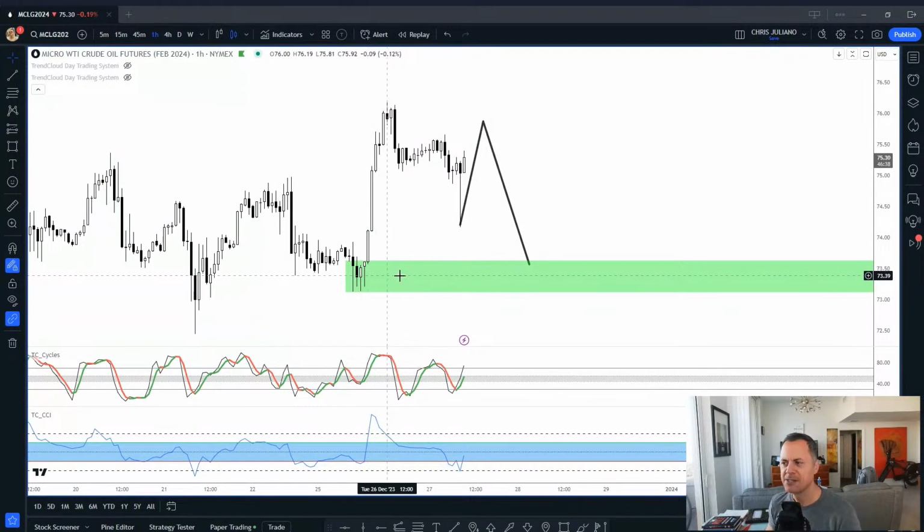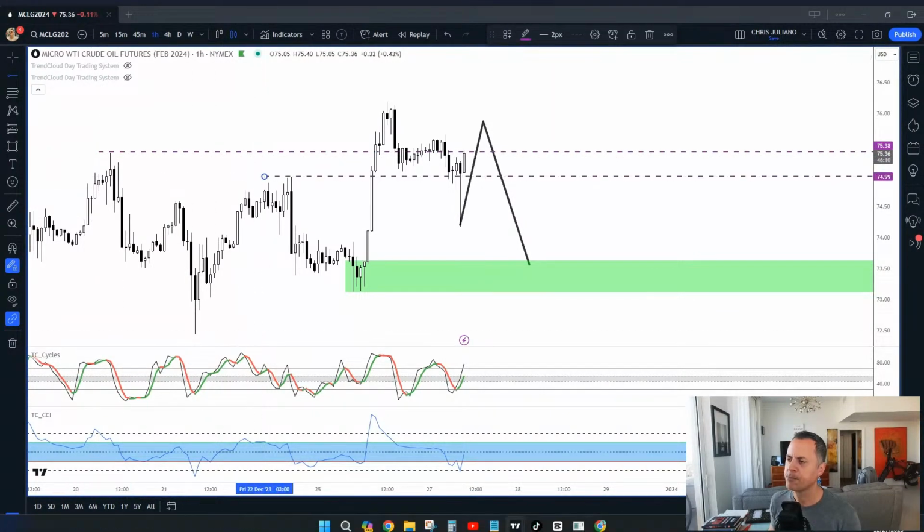This is an imbalance point between buyers and sellers. That's what a demand zone is. So right in here, you've got a lot of buyers. How do we know that? Well, from the formation of these candles, this is a drop base rally that broke through structure.